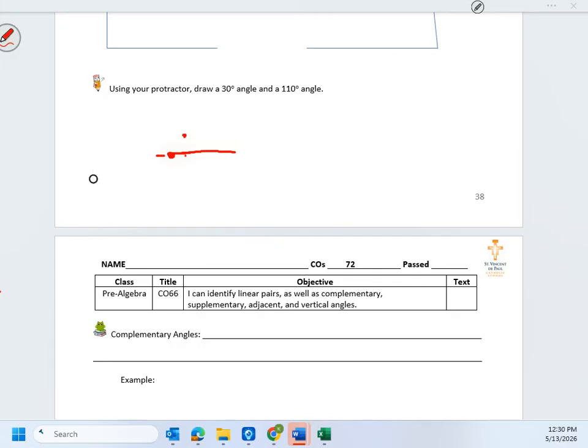And then if I want to draw that 30-degree angle, I'm going to look to see where is that 30 degrees right there. It's hard for me to do on the board. I put a little mark where the 30 degrees is. Then I pick up my protractor and I draw that straight line, connecting it to that vertex.